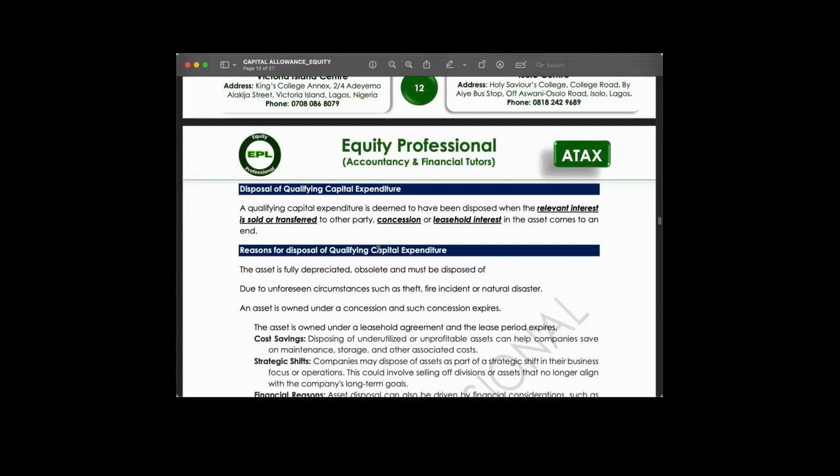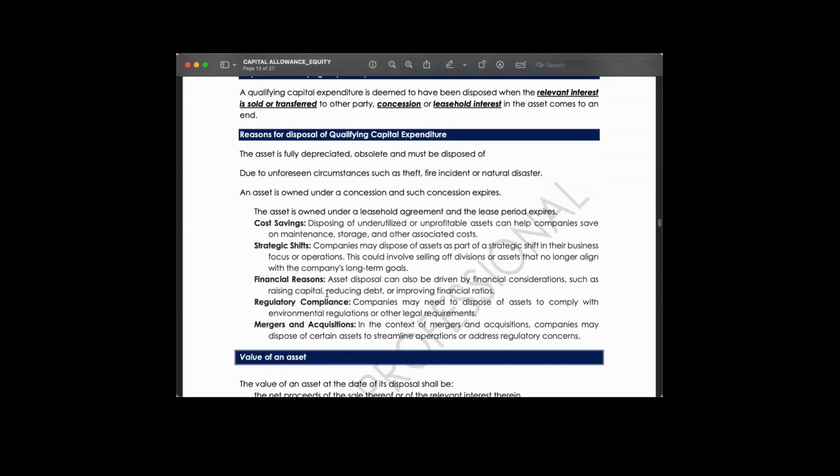There could be various reasons why assets might be disposed. Number one is maybe the asset is fully depreciated, or maybe it is obsolete, or maybe there is a fire disaster that made the assets not function, or there are thefts, and so on and so forth. There could also be some financial reason or cost savings.